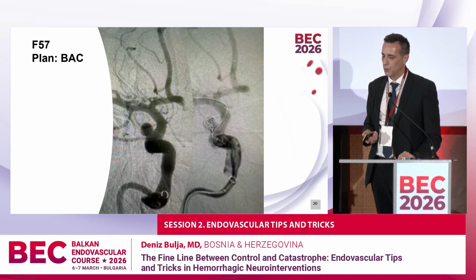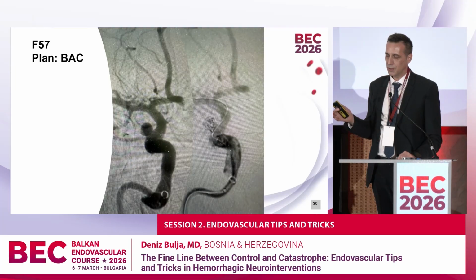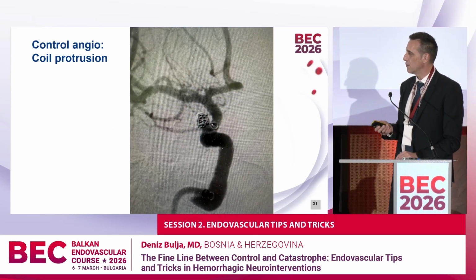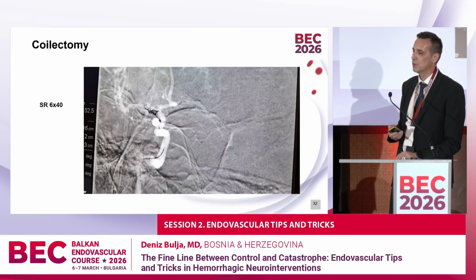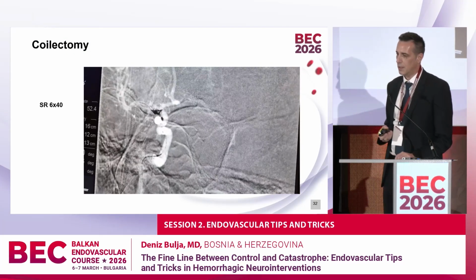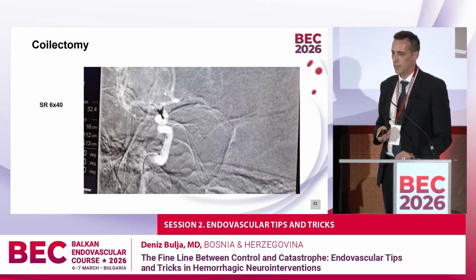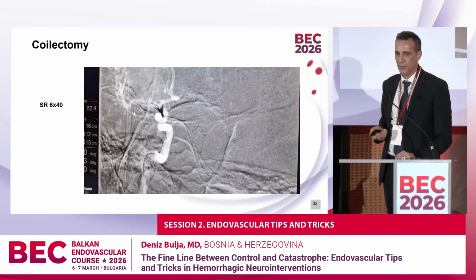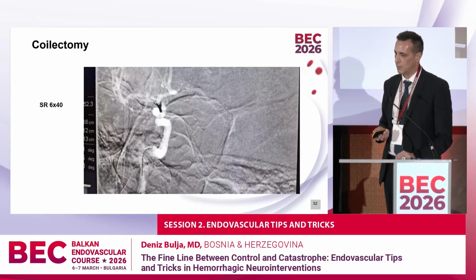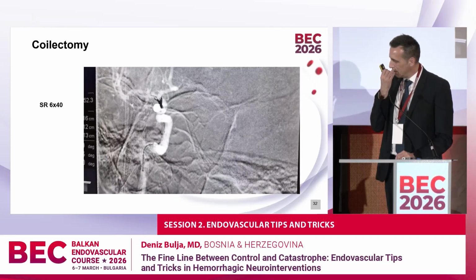We put 2 coils, and everything looked perfectly aligned and stable until we retracted the balloon catheter, and then first a prolapse of one loop of the coil, and then everything jumped into the MCA, and this is the end result. So we used a stent retriever and collected the coils with the Solitaire device.